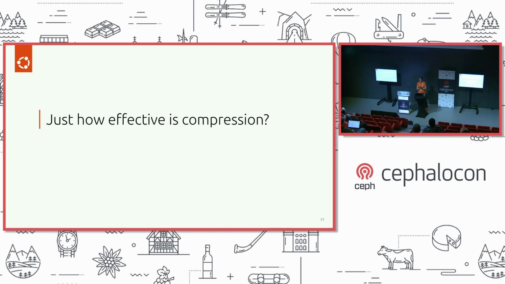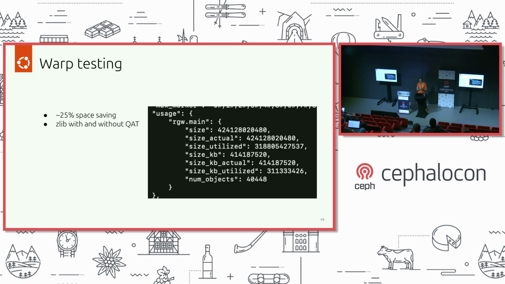So just how effective is that compression? Let's use the storage line: how fast is a storage system? Well, it depends. What are you doing with it? What kind of data are you putting in there? So firstly, I used Warp itself.